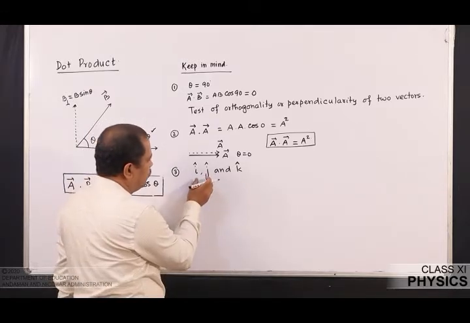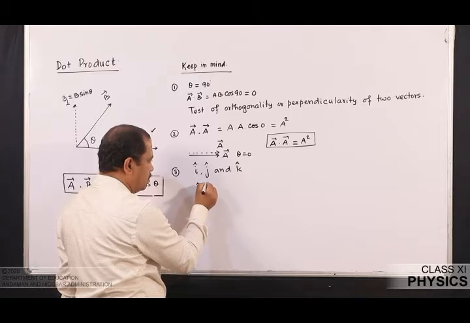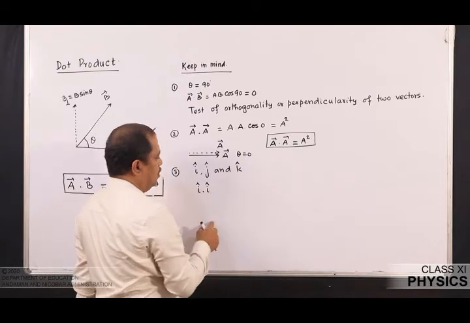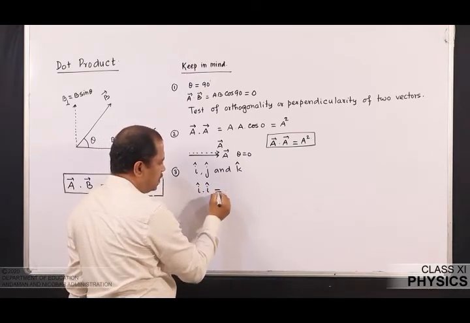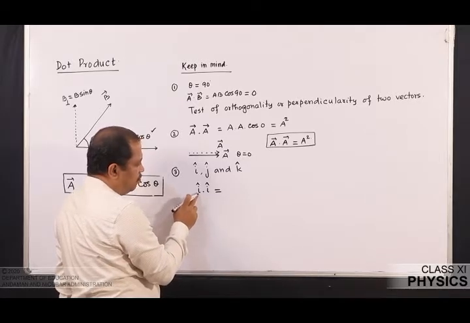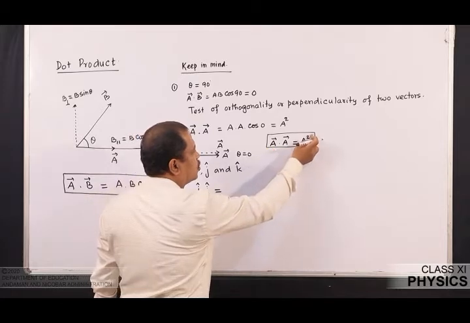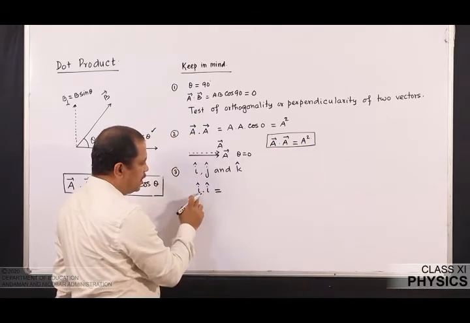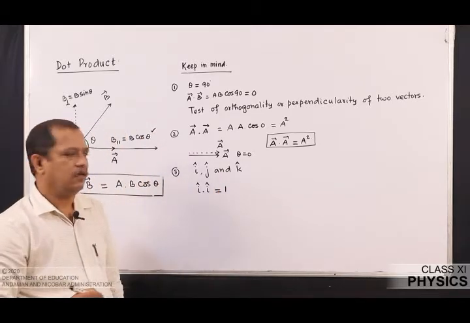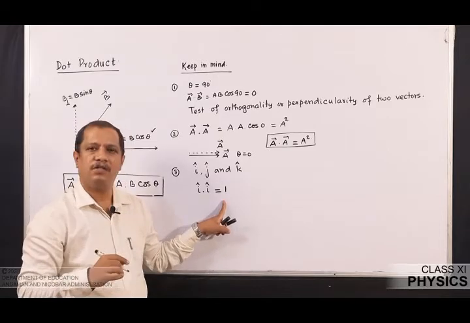If I find the dot product i dot i, I am finding the dot product of the same vector, so the angle between them must be 0. I know the magnitude of a unit vector is 1, and the dot product of the same vector is the square of its magnitude, so the square of 1 is 1. This is a very important concept we will often come across in solving problems.